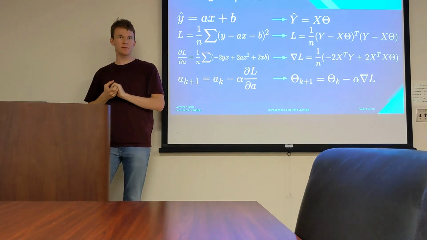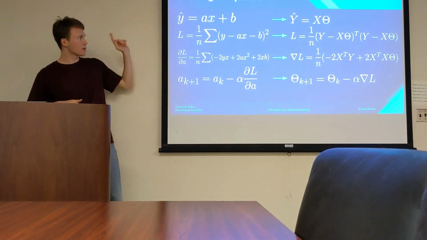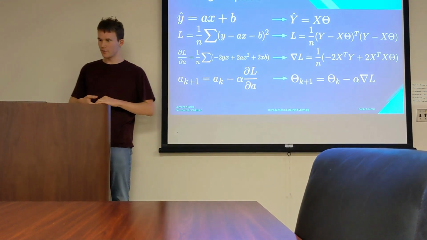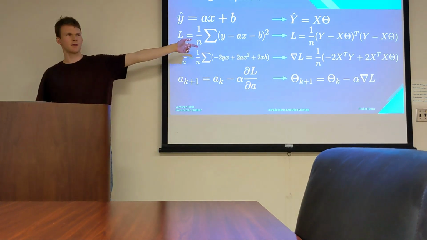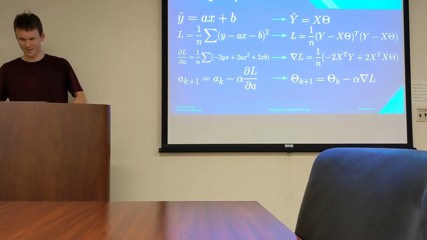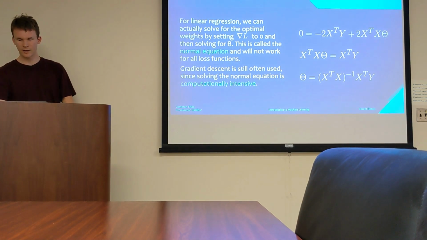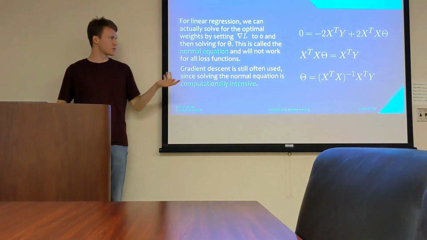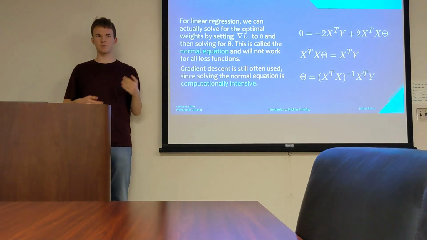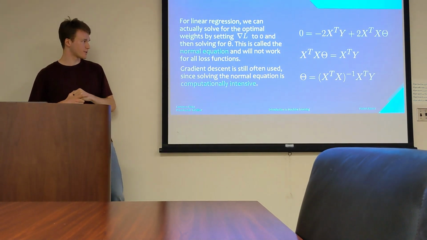We won't be able to do this for most other forms of machine learning, but there will be a global minimum for us, and we can solve it by setting this nabla L, the gradient of the loss function, to 0. So if we set this to 0 and we solve for theta, we're going to get this term right here, which will give us the optimal values of theta, which will give us the least error for our linear regression function.